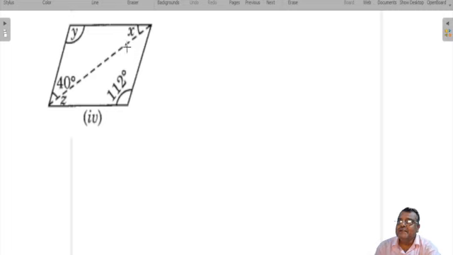This X. You see Y is equal to 112, because opposite angles of parallelogram are equal. Y is equal to 112 degree. Okay?